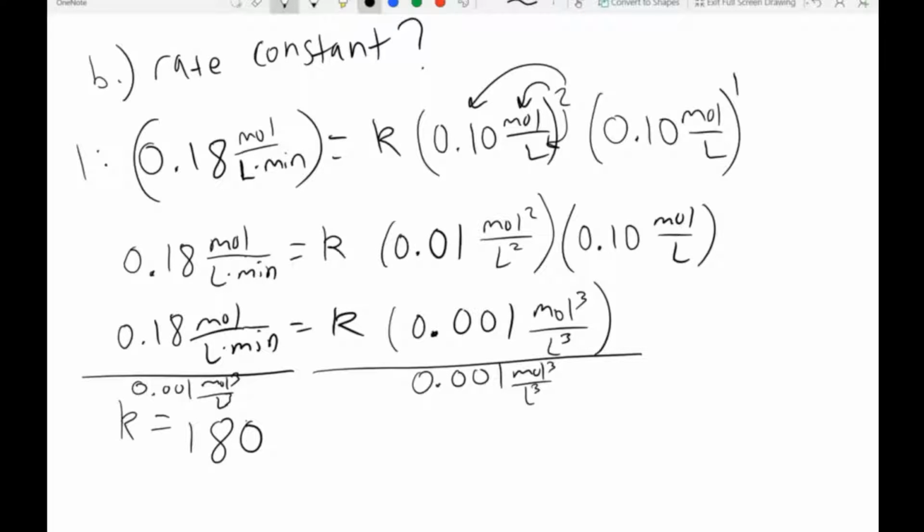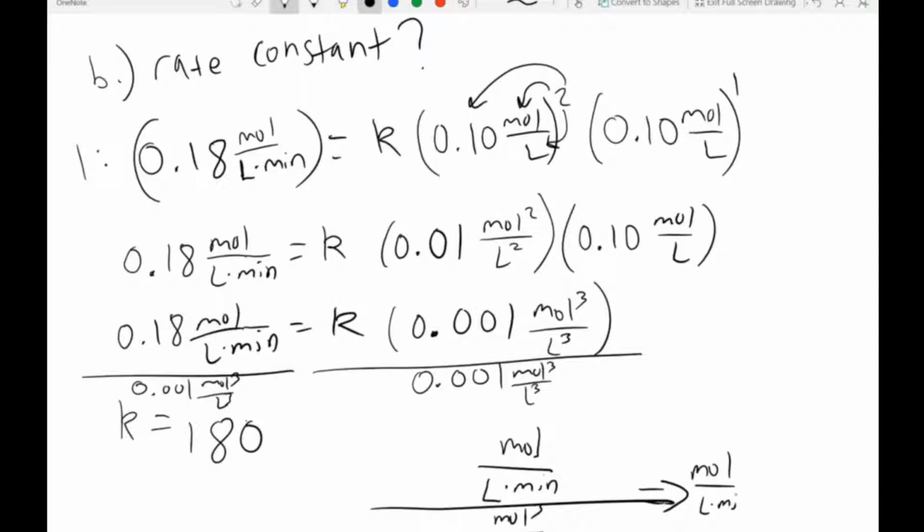But for the units, what you're essentially doing is moles over liters times minutes divided by moles to the third over liters to the third. And so this can be thought of as dividing two fractions, which is the same thing as multiplying by the reciprocal.